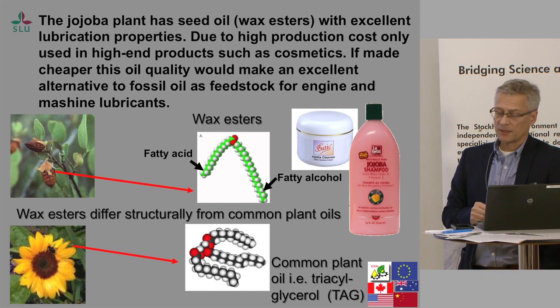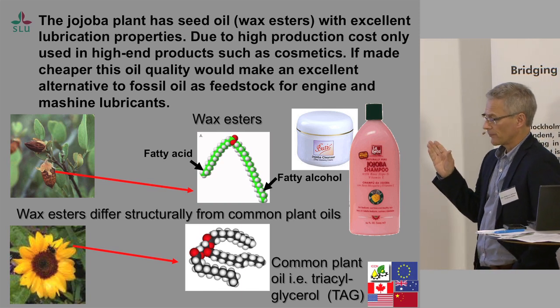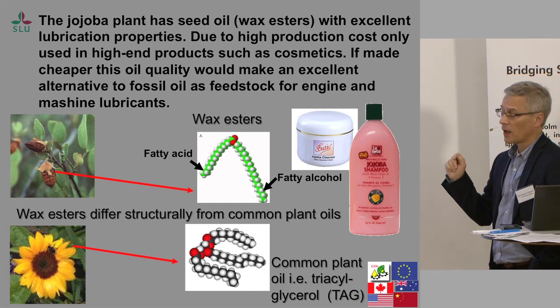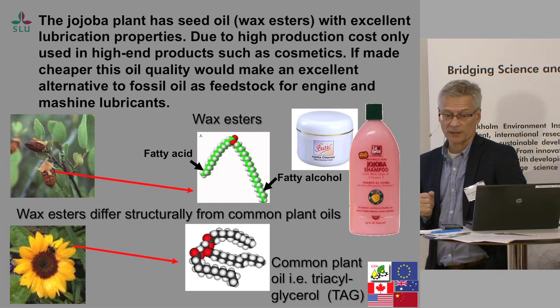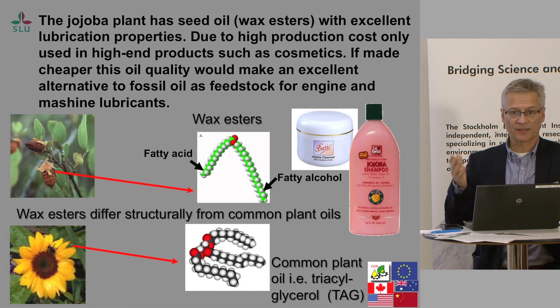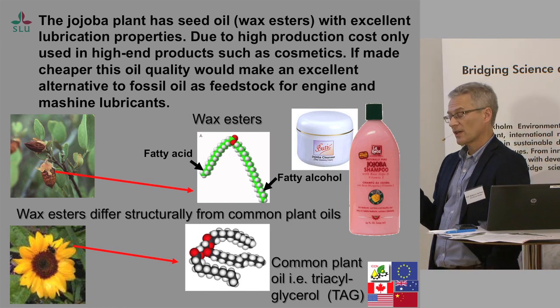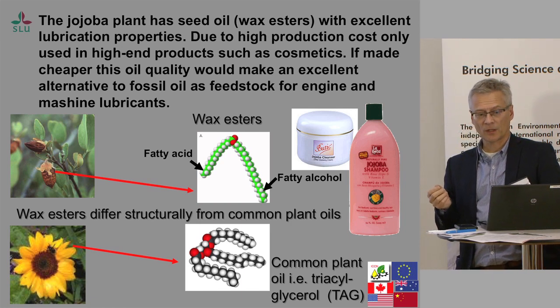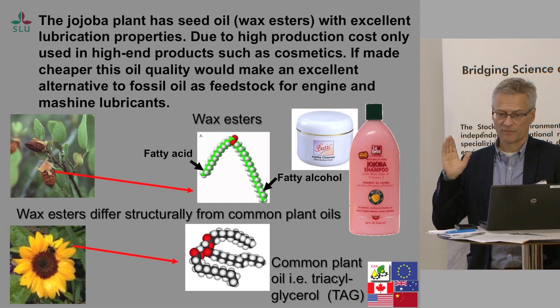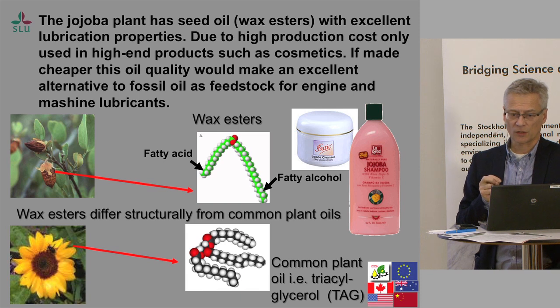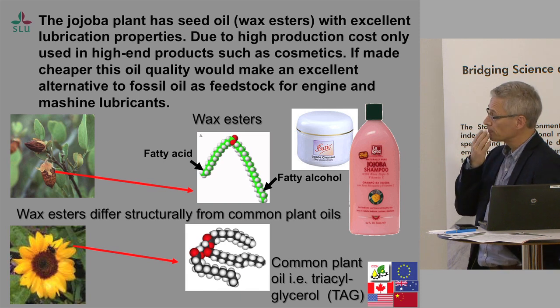The idea was that this is one of the oil qualities that this project worked on a lot. Jojoba is a well-known plant, and it produces a special oil that has very excellent lubrication properties. It's wax esters.